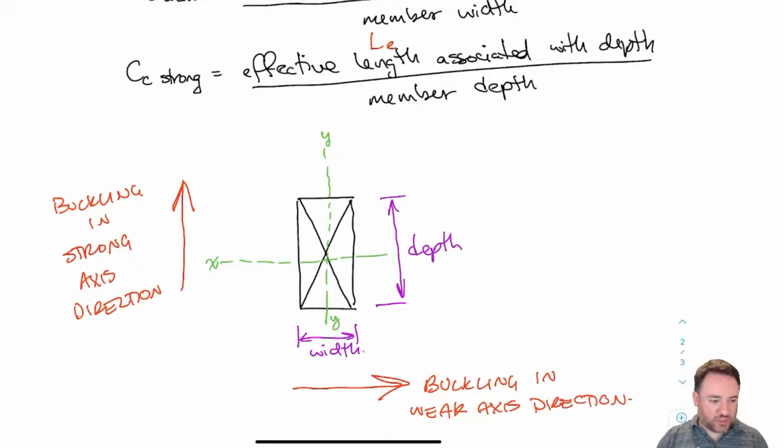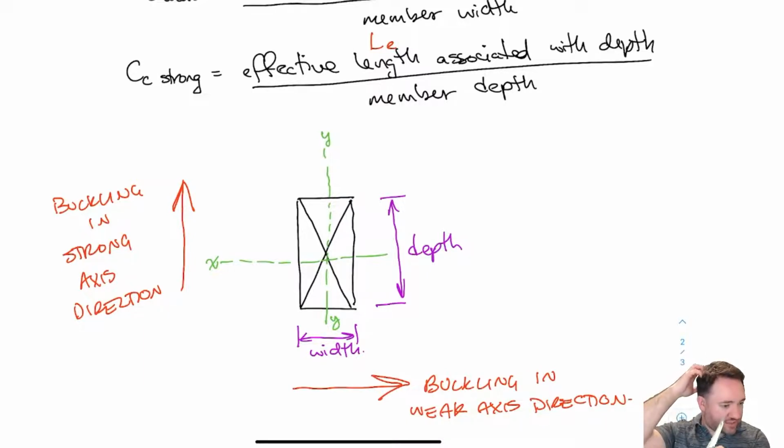Okay, so to show using the ruler again, when I say buckling in the weak axis direction, I mean buckling like this. If I'm looking at that cross section and I see that it's buckling in this direction, that's buckling in the weak axis direction. So that is my C_c weak, the slenderness I calculate for that. And buckling in the strong axis direction would be buckling like this. If I were to press on it and it buckled in this direction, then that would be buckling in the strong axis direction.